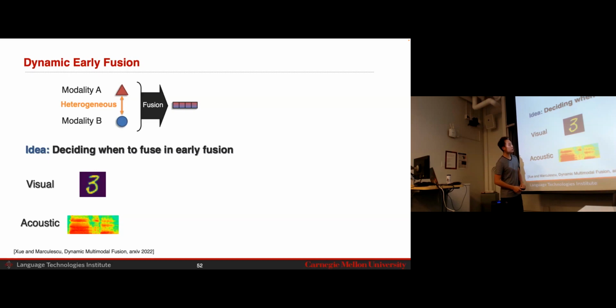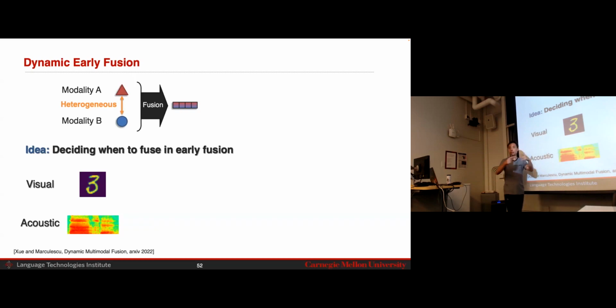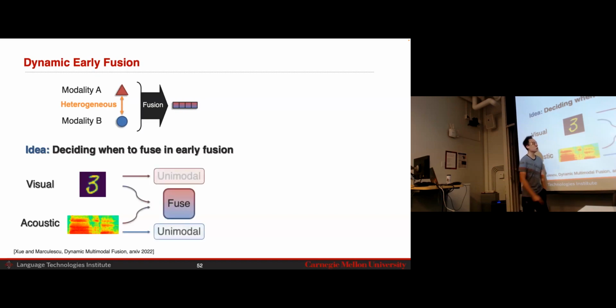So one particular innovation that is interesting to me is that when you have these raw data, when do you fuse? You can define these transformers with multiple layers for each of them, but when is the right stage to actually fuse them together? So here's a cool word called dynamic fusion, which is early fusion, because you're still combining them at a very early level. But what you can do is figure out whether I should do more unimodal processing at this stage, or should I fuse at this stage?